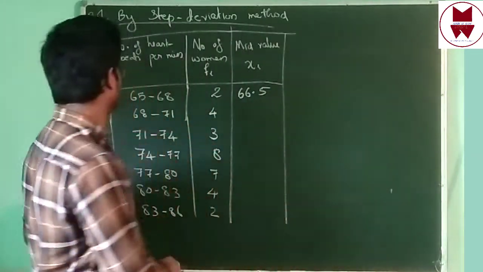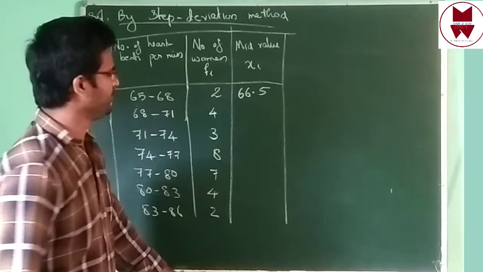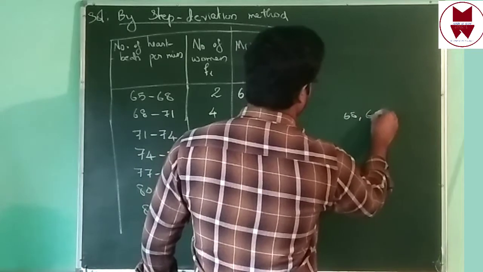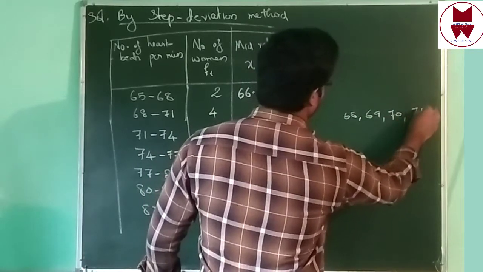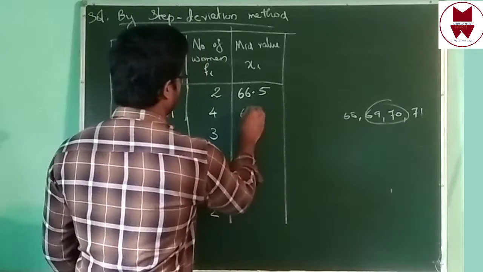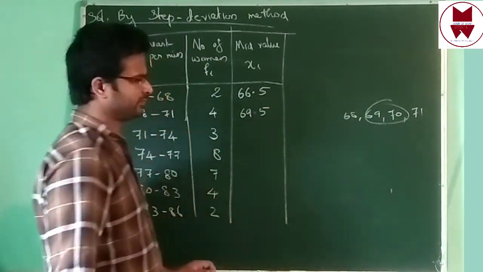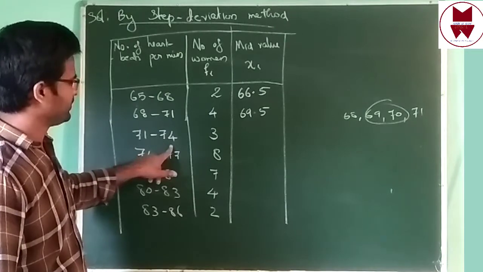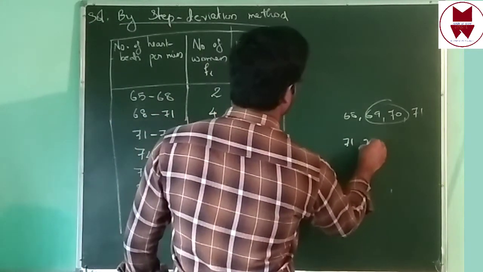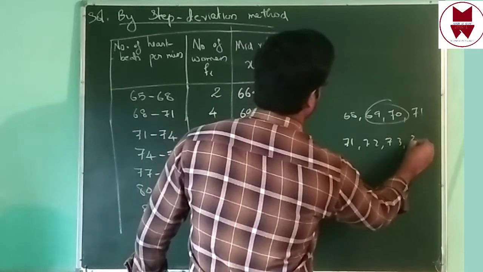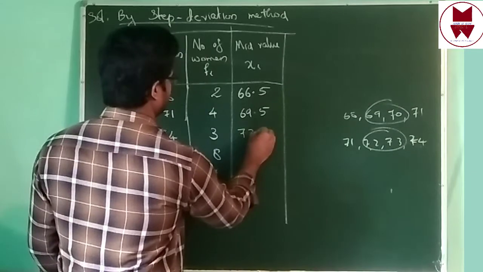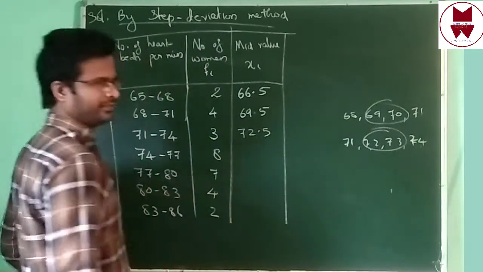The next, 68 and 71. 68, 69, 70, 71. Two numbers, 69, 70. In between we can write 69.5. Then 71, 74. How much? 71, 72, 73, 74. 72.5, in between 72 and 73.